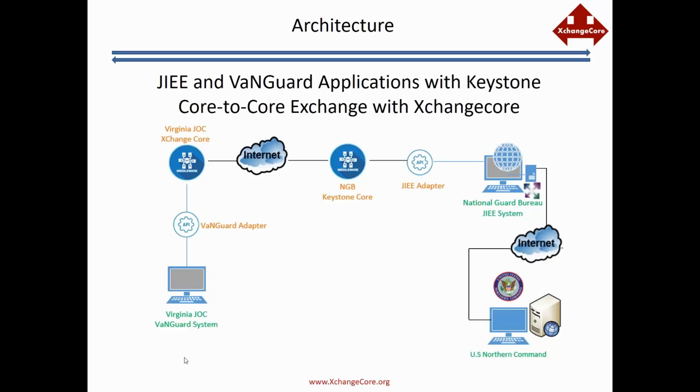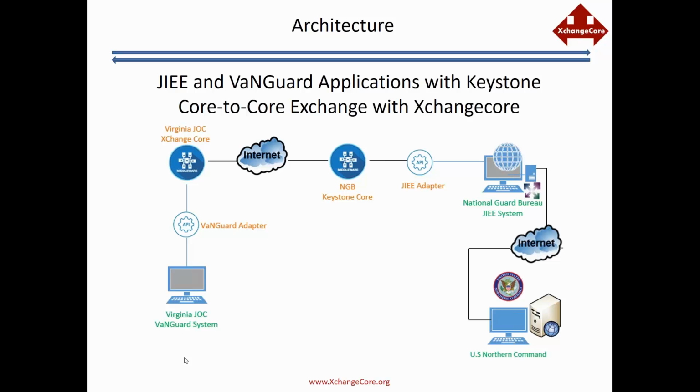So on the left-hand side, bottom, Virginia system, connector to the Virginia JOC XchangeCore, out to the internet. Touches National Guard Bureau Keystone, that connects to the JIEE adapter, that connects to JIEE.